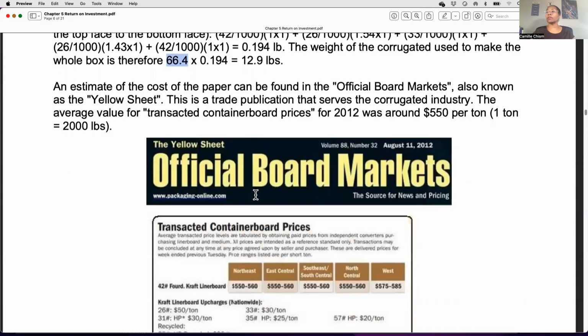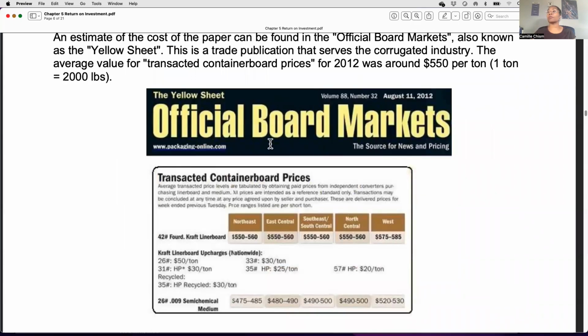But before, you could actually subscribe to the yellow sheet, and you could see what current prices were for a particular time period. So this shows you here, this is like a craft liner board. You get some upcharges for the different materials. This is 42 pound. But then this is like a semi-chemical medium.